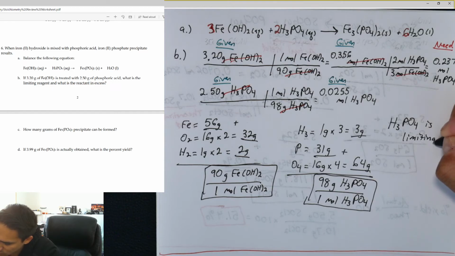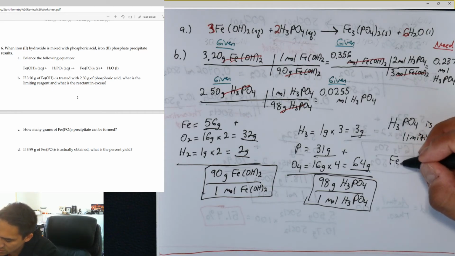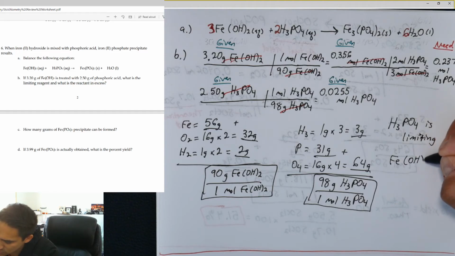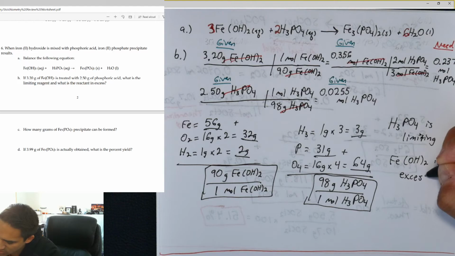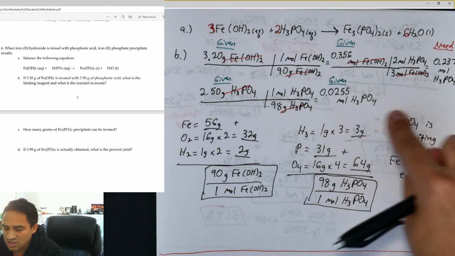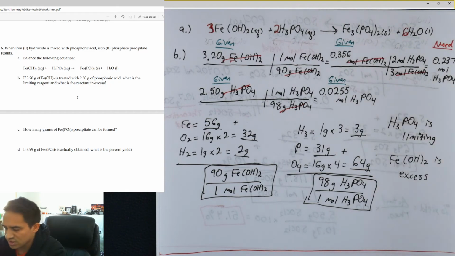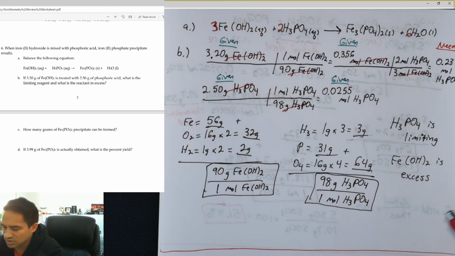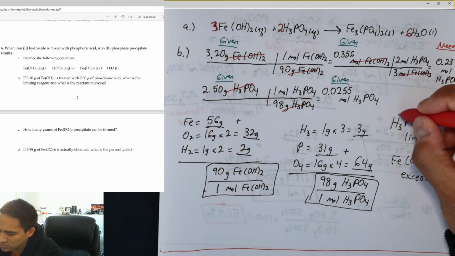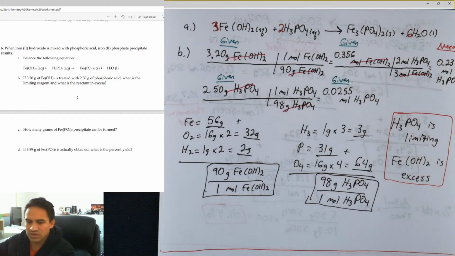And if H3PO4 is limiting, then that means that the FeOH2 is in excess. Now in the previous ones, I did this math out as well, but we technically don't need to, because once you've done the first math, you can compare it with your other number, and then you're good. I just did both out before just to show you. So, all right. There is our answer for letter B.